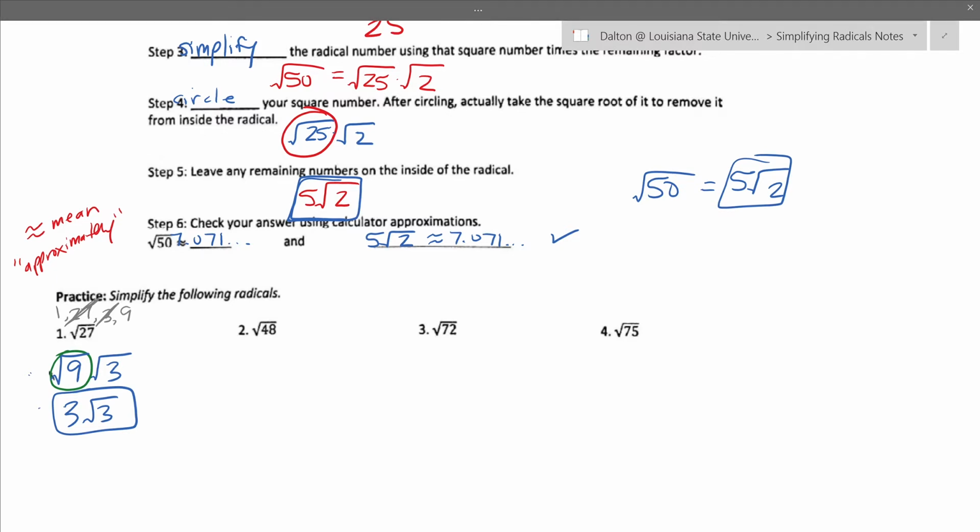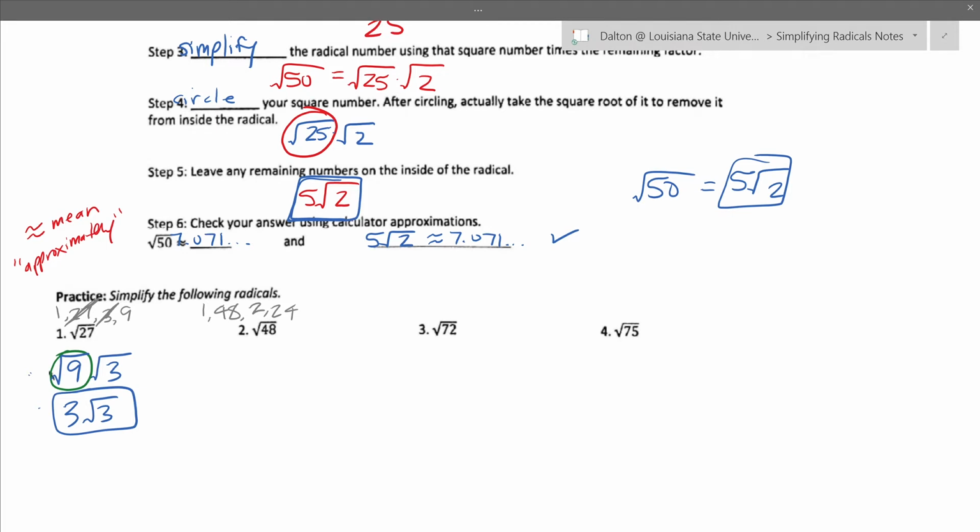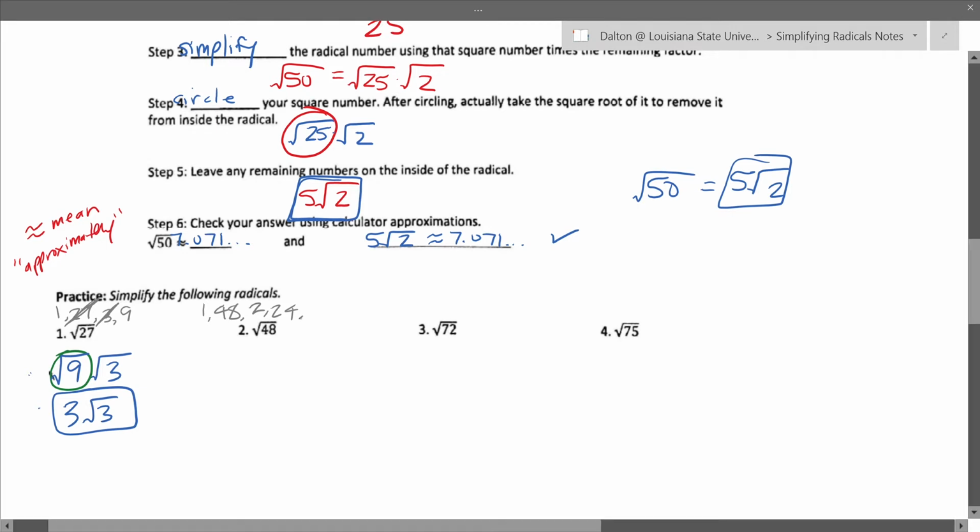Okay, let's do the square root of 48. 48 has a lot of factors. We've got 1 and 48. It's an even number, so we know 2 goes into it. Particularly, we know that it must go into it 24 times. 3, you can check if that's a factor, and it is. It's an important one. 3 times 16 is 48. 4 is also a factor.